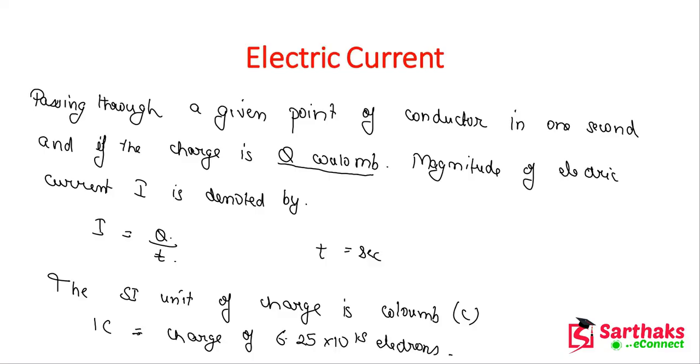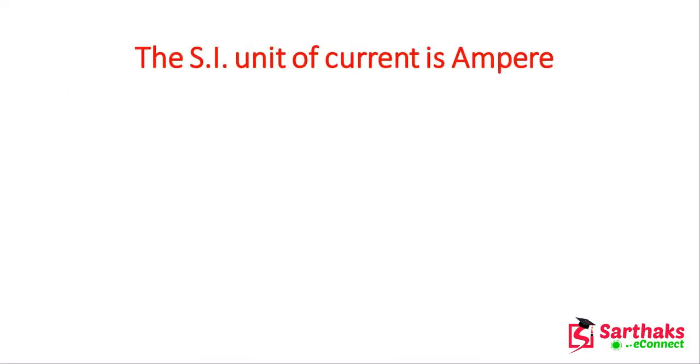Now the next topic that we are going to look at is the SI unit of current, which is ampere. We have talked about the SI unit of charge, that is coulomb. As we know from the formula, current is charge upon time.